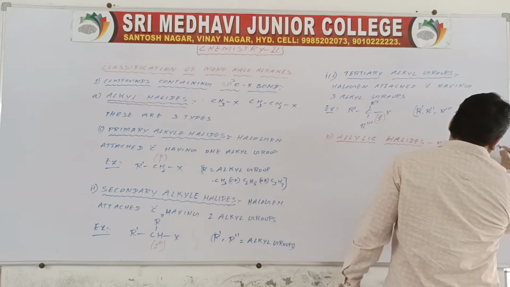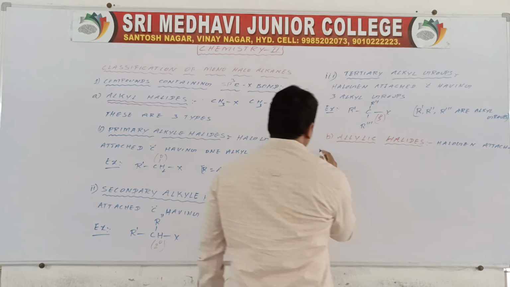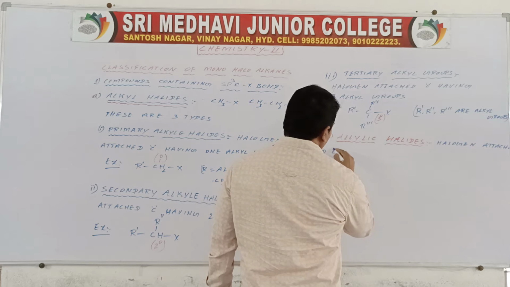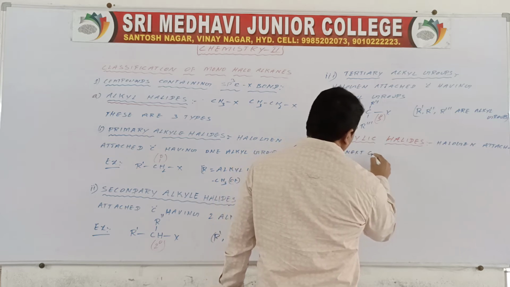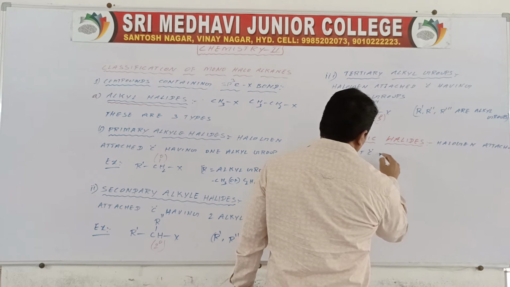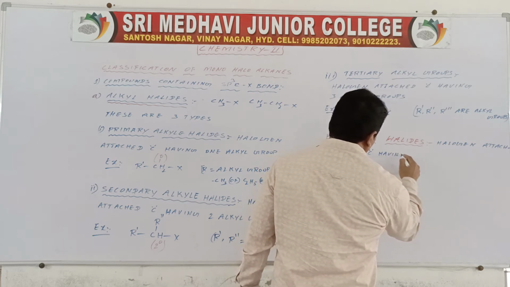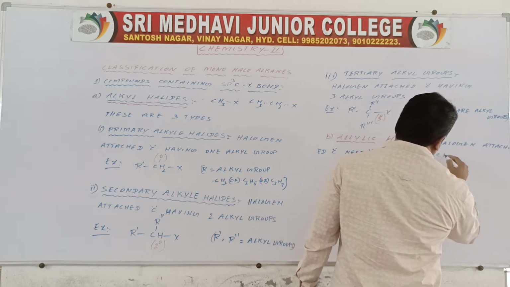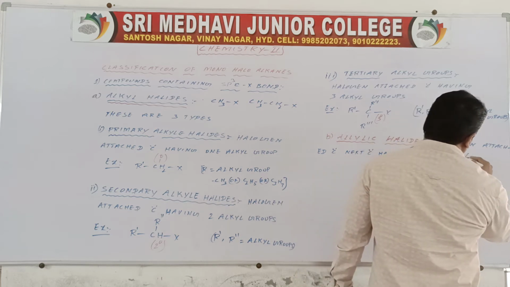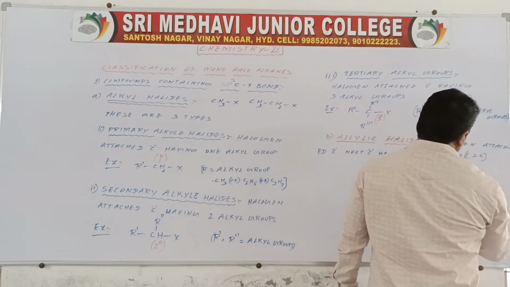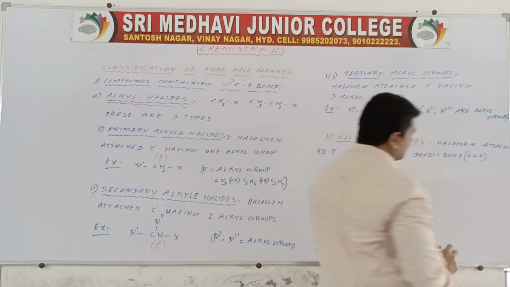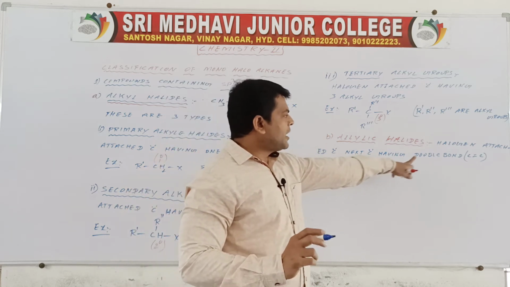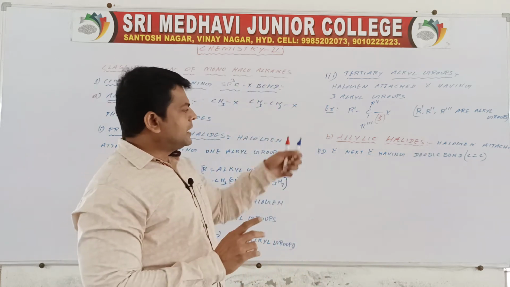So the halogen-attached carbon is sp3 hybridized, and the next carbon has a double bond, that is C double bond C. The halogen-attached carbon with the next carbon having a double bond is allylic halide.